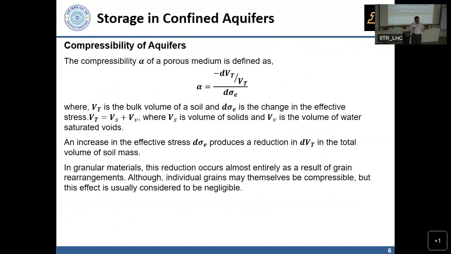So this change of pressure is transferred to the soil skeleton, which then wants to compress. The soil particles themselves don't compress, but the aquifer rearranges a little bit, soil particles rearrange, and therefore there is a compression in the bulk volume of the porous medium. So the combination of these two things is where the water is coming from storage in confined aquifers.